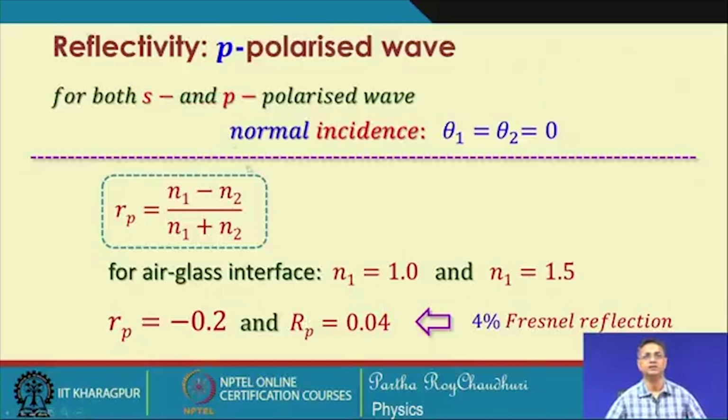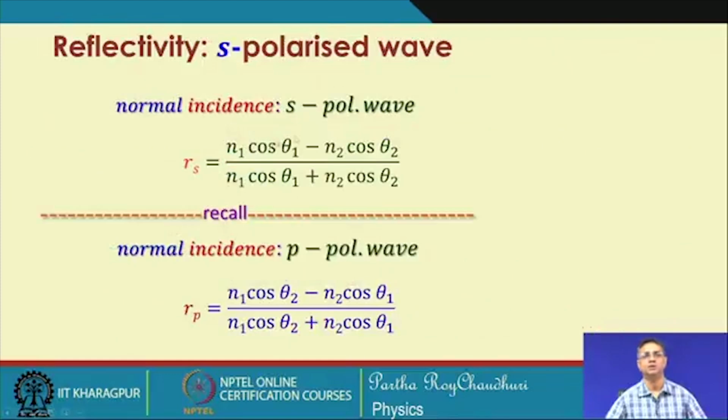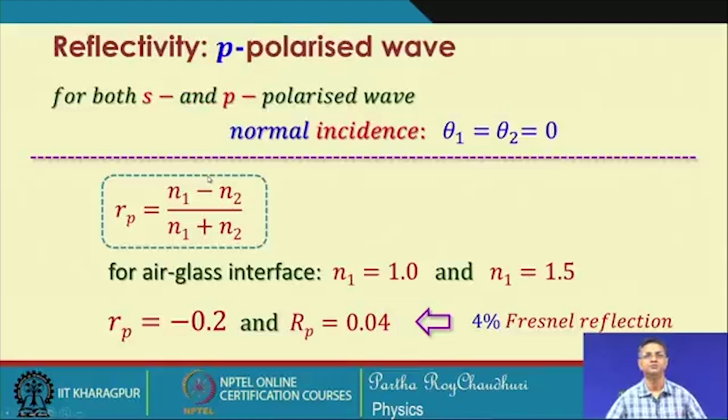So, let us check that relationship for both S and p polarized waves. For normal incidence, theta 1 equals theta 2 equals 0, and if I substitute in this equation, I get n 1 minus n 2 by n 1 plus n 2 to represent the amplitude reflection coefficient.